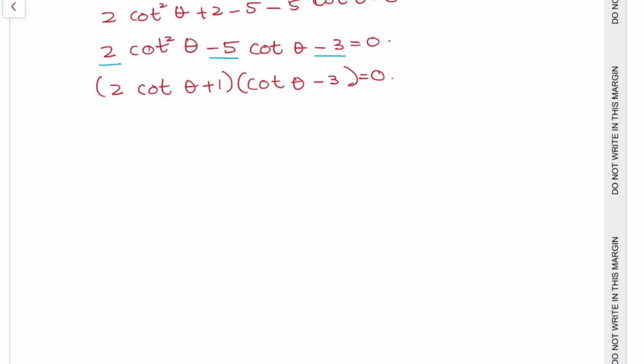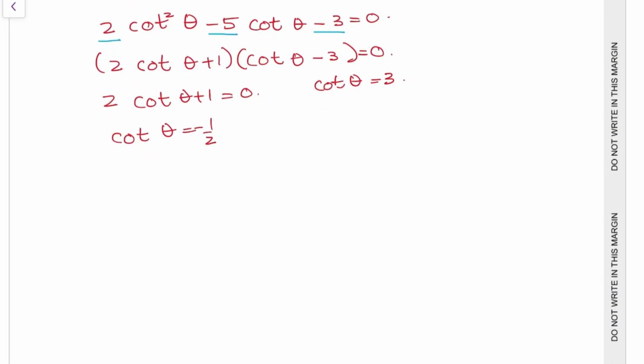Remember what happens when you have two things multiplied together that is equal to 0, then one of them must be 0. So you're saying that either 2 cotangent theta plus 1 is equal to 0, then cotangent theta is negative half, or cotangent theta is equal to 3, right?